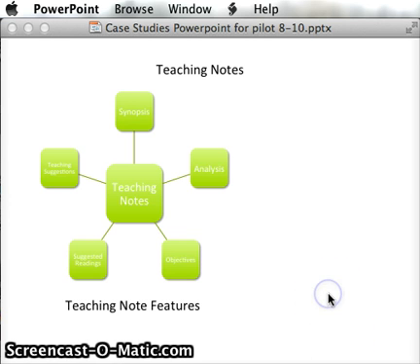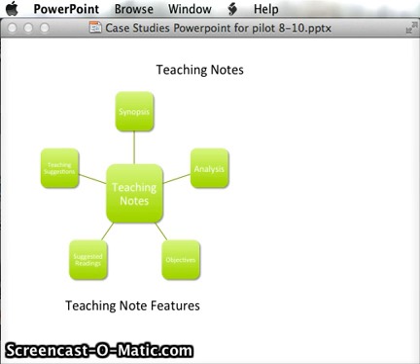Teaching notes. The case method encourages engagement of students, and the vehicle to that engagement are the teaching notes. Teaching notes should be included in all teaching case studies and are a critical component to the success of teaching cases.